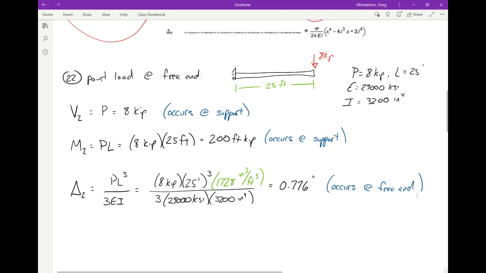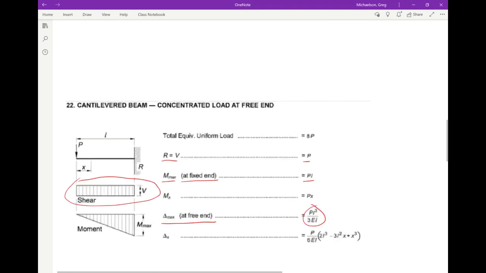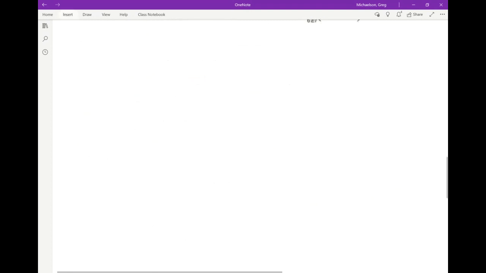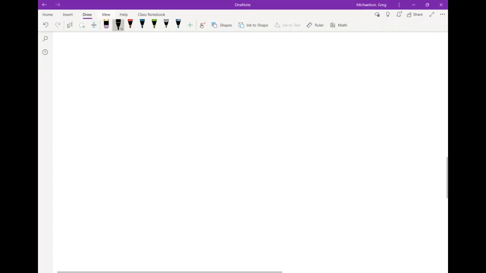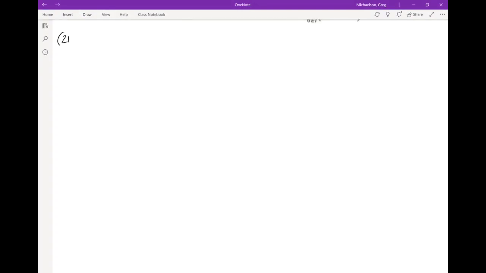All right, let's move forward to the last case. The last case we need to consider is case 21. Now this is the point load at any point.